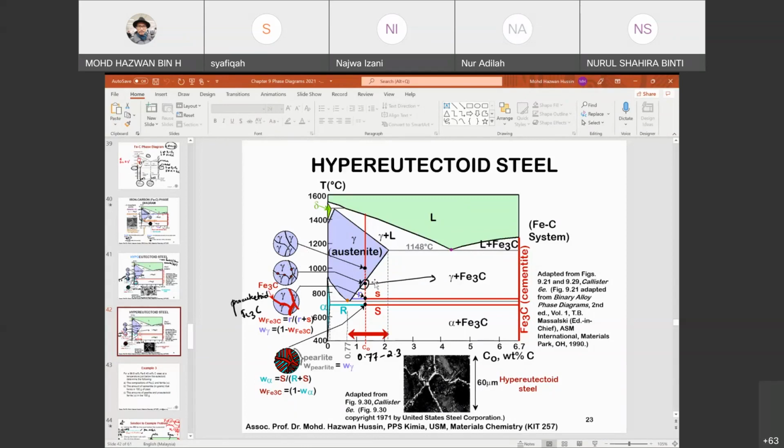When it goes further down, they combine to form pro-eutectoid cementite, and finally, when it reaches the region of alpha plus cementite, the microstructure will be a background of lamellar structure with a pro-eutectoid branch.